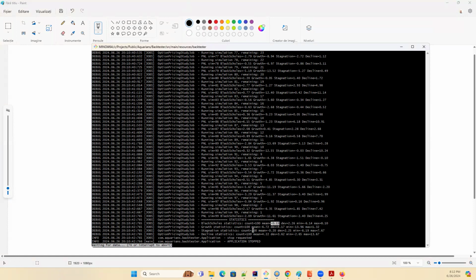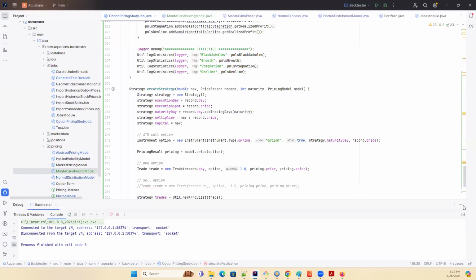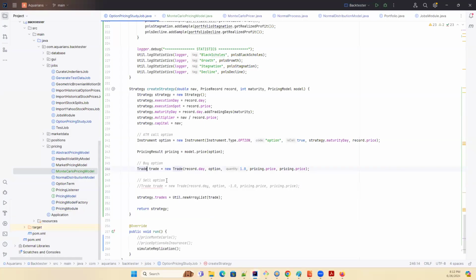Because we lose money when we buy an option and make money when we sell an option. But what if we do the opposite trade? So instead of buying the option, sell the option. So simulate this.